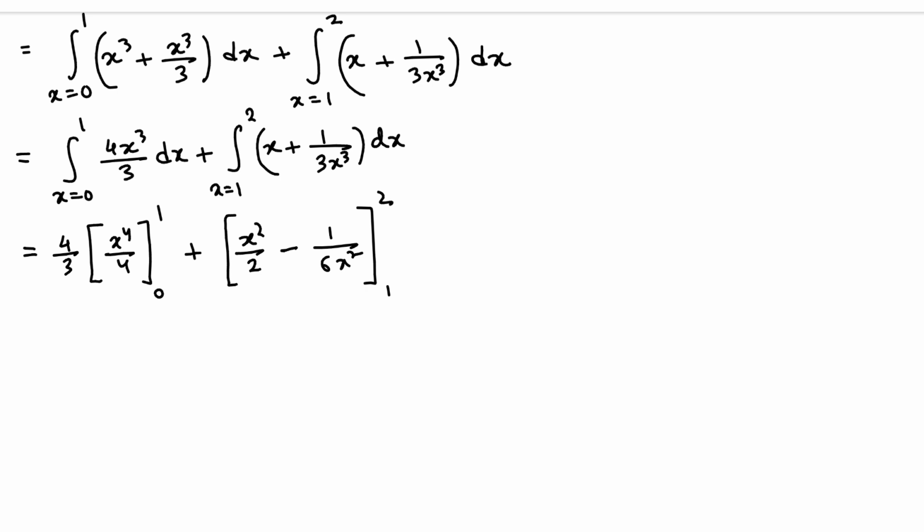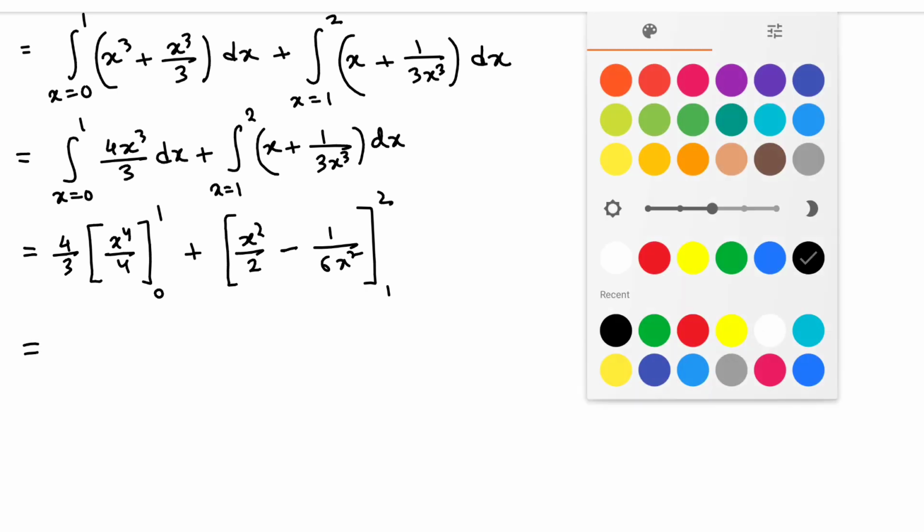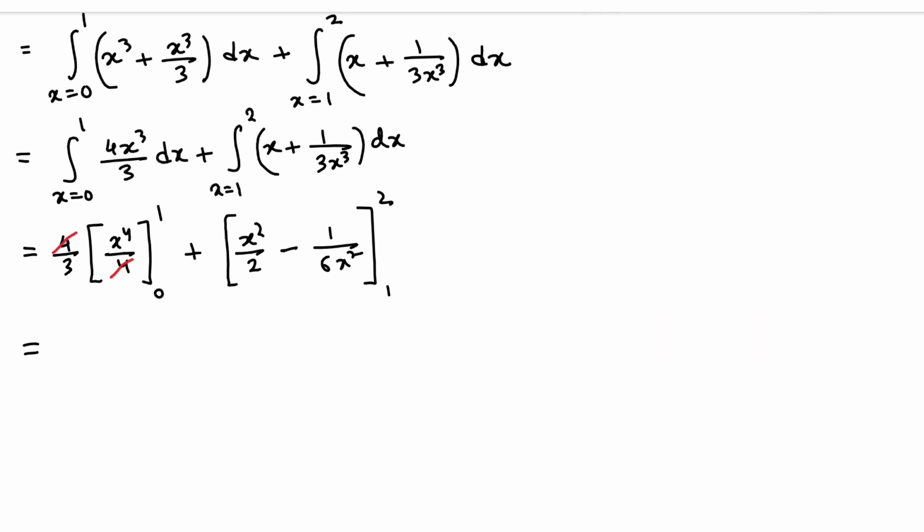Here the 4 cancels, so you are getting 1 by 3 into 1 minus 0, plus 2 into 2 by 2, that means 2, minus 1 by 24, minus 1 by 2 plus 1 by 6.